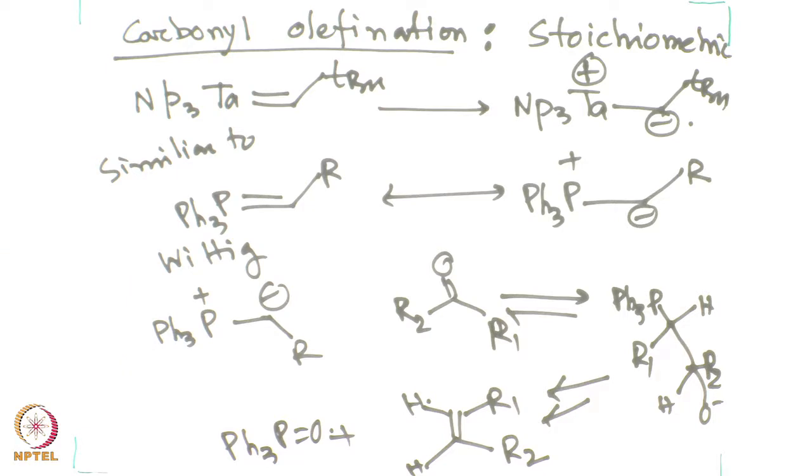Now, if you look at this chemistry of the Wittig reaction, of course, you are able to generate an olefin from a ketone. Similarly, if you are using this carbene chemistry, the Schrock metathesis reagent, the Schrock catalyst, and reacting with an olefin, you can get exactly similar product as you get in the Wittig reaction.